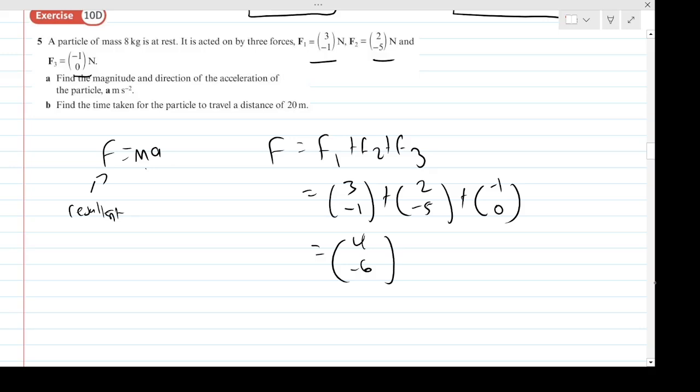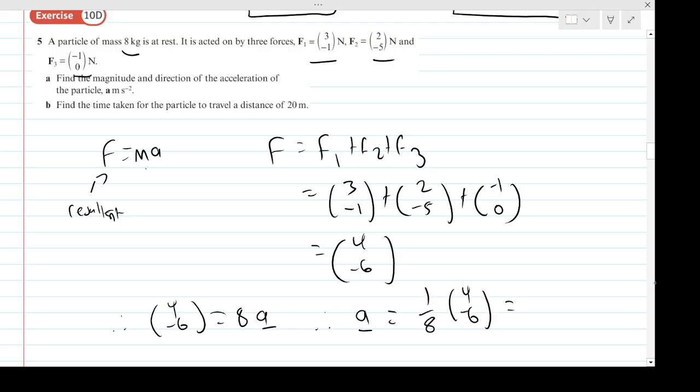So if I use F is equal to MA, then (4, -6) is equal to the M, which is 8, that's the mass, times A. Okay, so 8A for the acceleration. If I divide by 8, then I can say that the acceleration is an eighth lots of (4, -6).